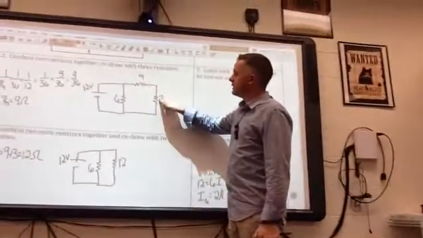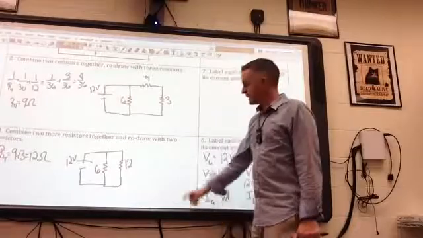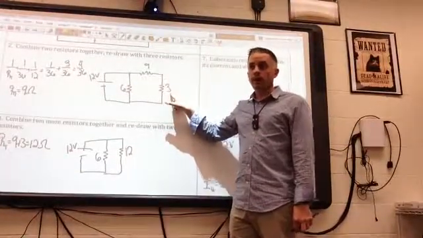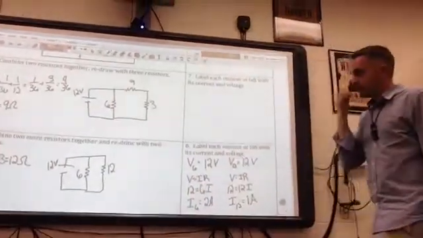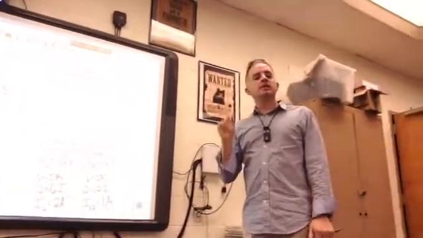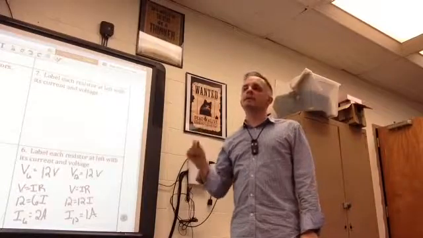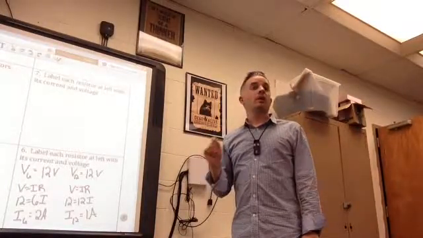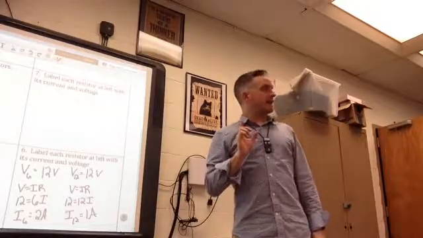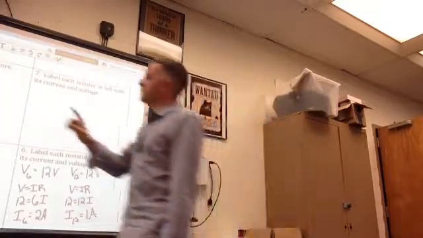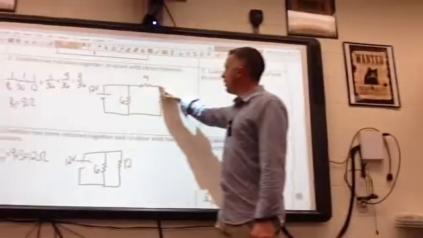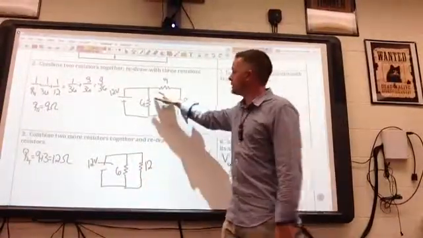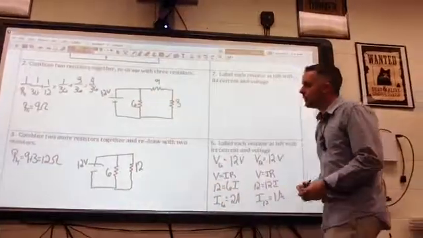Now we've got a series circuit right here, correct? Because this 12 is actually a 9 and a 3. Okay? So let's think about this. In a series circuit, what does every resistor get the same of? Current, right? They get the same current because all the water has to flow through both of them. If you're thinking about a hose, it has to go through all of them like that, okay?